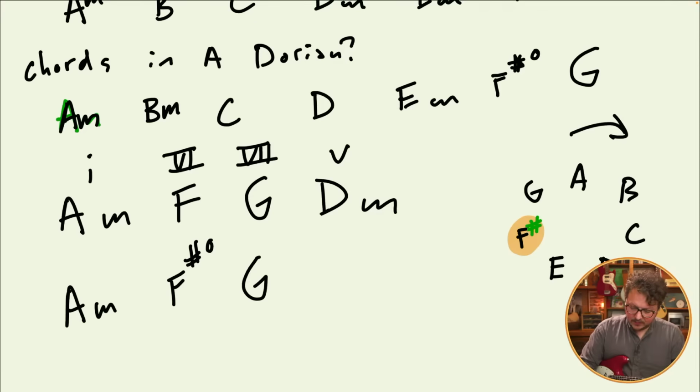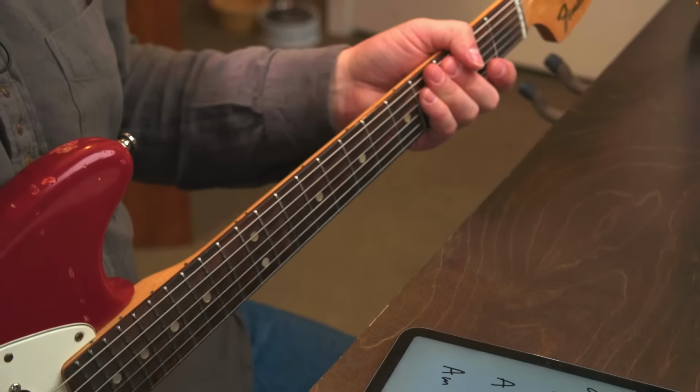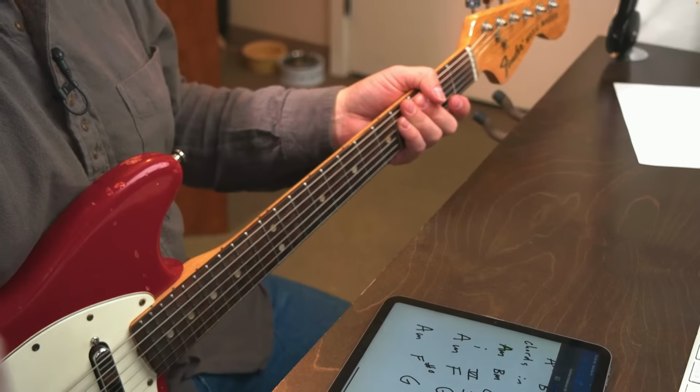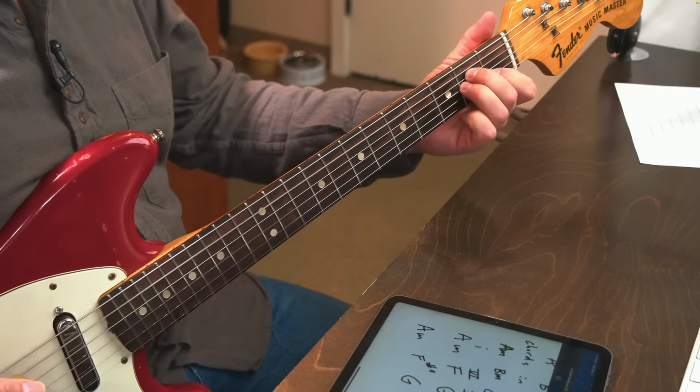We'd still have that G, but then we'd have a major chord. So starting on A minor, it would sound more like this instead.